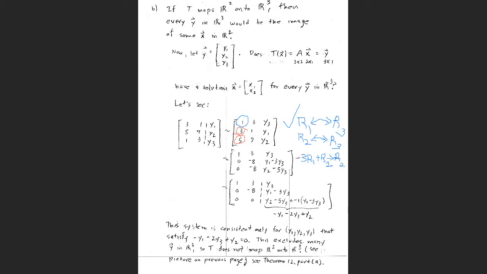And then I took -5 times row 1, added the result to row 3. It's a little sloppy, sorry, hold on.